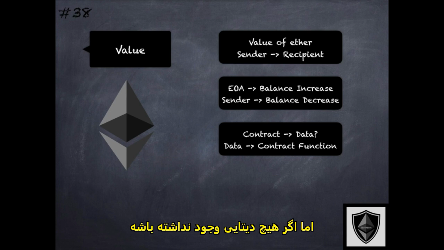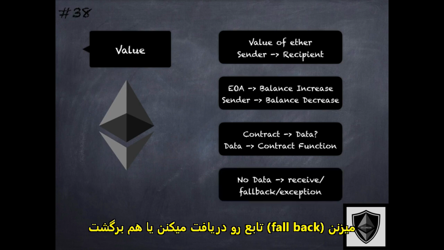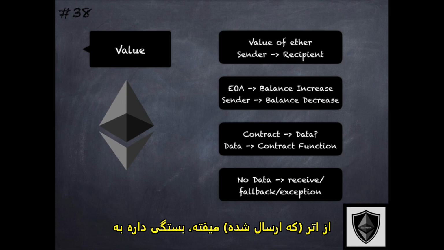But if there is no data being sent as part of this transaction and the destination is a contract account, then the contract's receive or fallback function, if they are defined, is triggered. And what happens with this value of Ether really depends on their implementation.